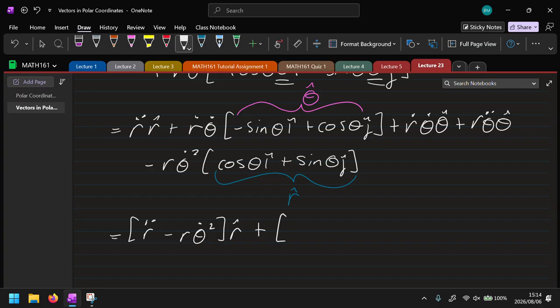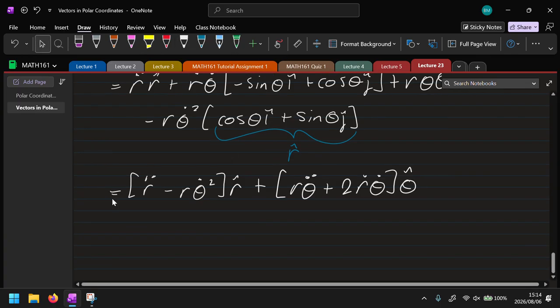So we're going to have r dot theta hat. r dot theta hat. We've got two of those there in that first line. And then we've got r theta double dot again on that first line. And we're done. So we've got the acceleration in polar form.